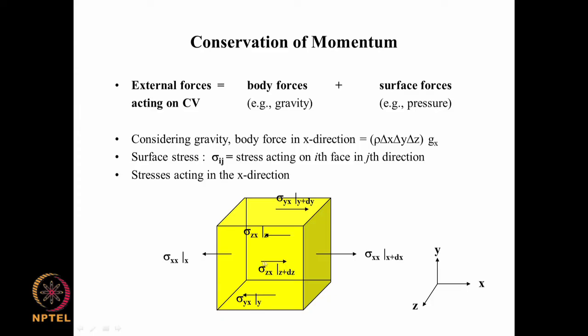It is acting on the z face, so i equal to 3, and in the x direction, so j equal to 1. So sigma zx is acting in the x direction on the z plane, sigma xx is acting in the x direction on the x plane, and sigma yx is acting again in the x direction, but on the y plane.